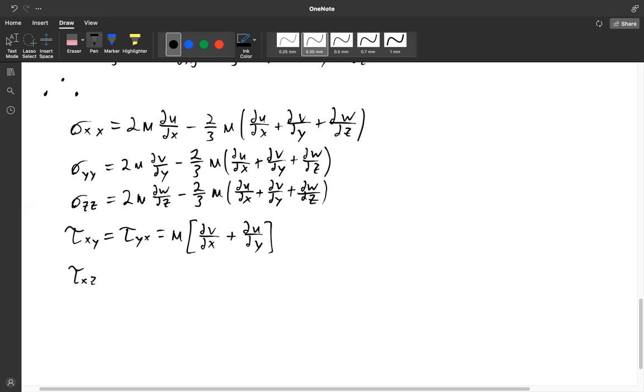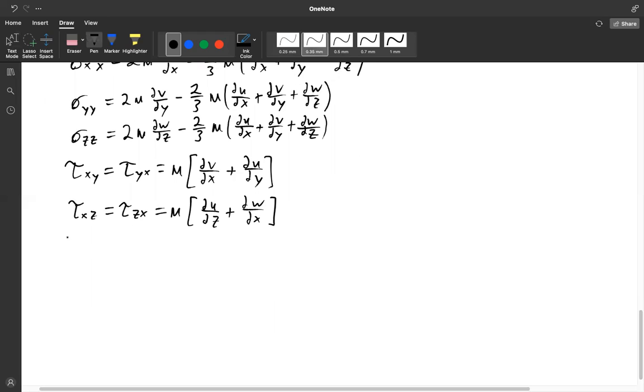Tau xz equals tau zx, which equals mu times partial u partial z plus partial w partial x. We have tau yz equals tau zy, which equals mu times partial v partial z plus partial w partial y.